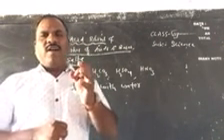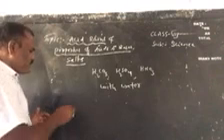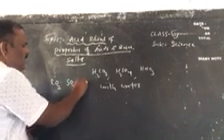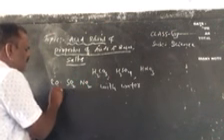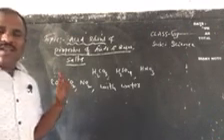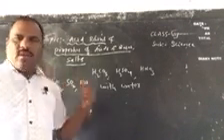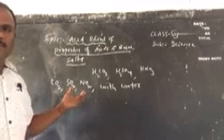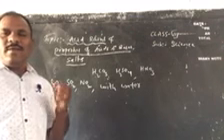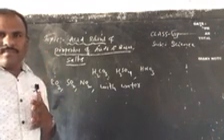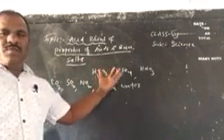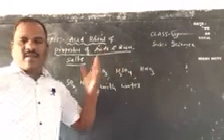Industries release this kind of gases, and when these gases mix with moisture they change to carbonic acid, sulfuric acid and nitric acid, etc.